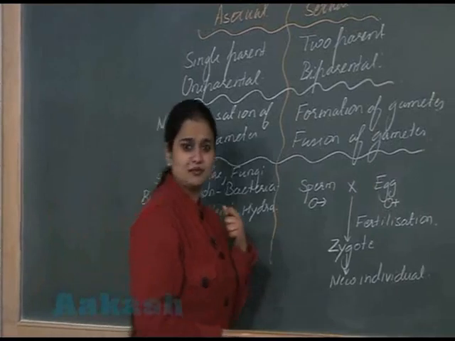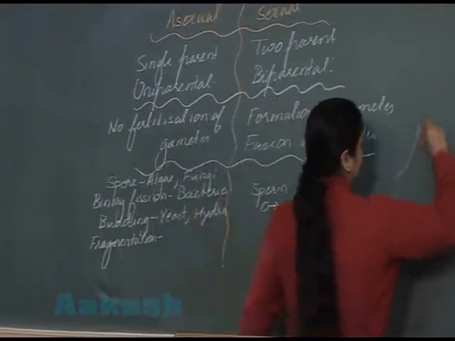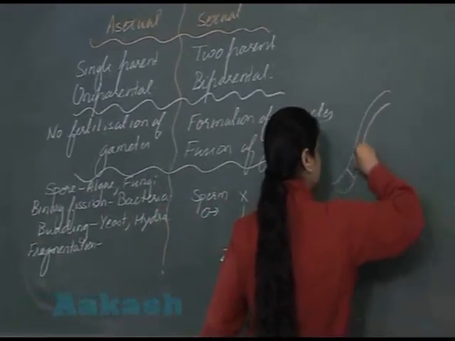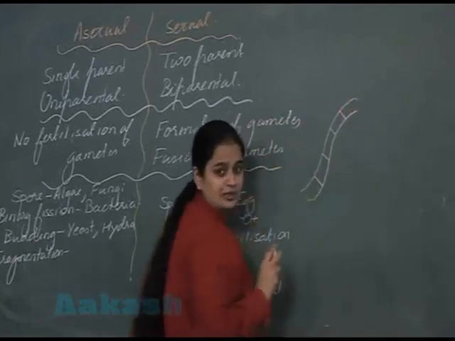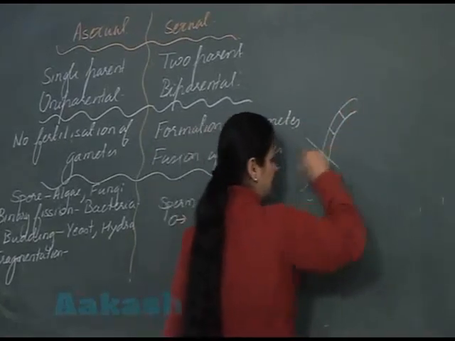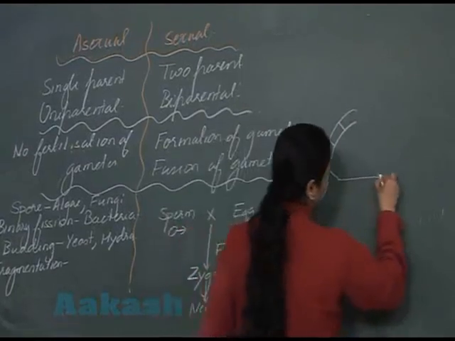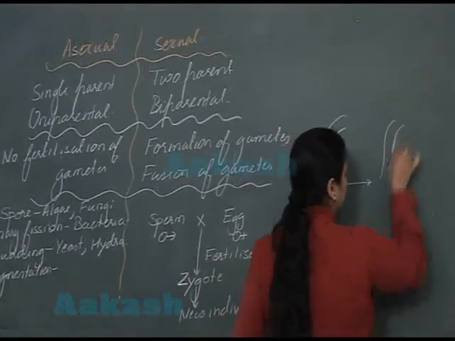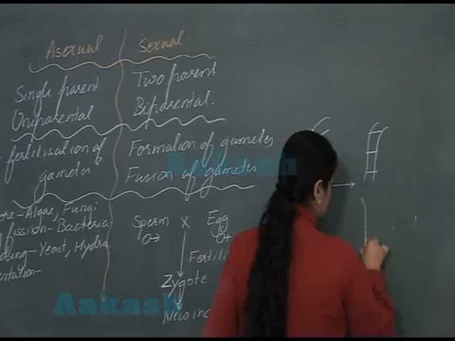What happens in fragmentation? Let's say this is a filament. This filament will break. After the breakage, there is formation of two fragments.